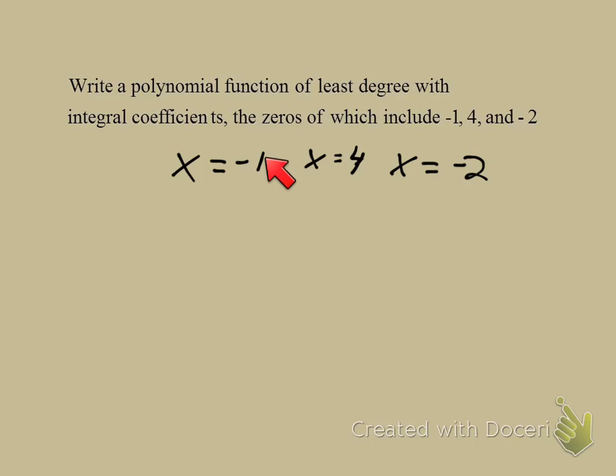So you solve it the other way. So for this one, you're going to do what? Make it x plus 1. I'm going to skip that step. Make it x plus 1 times x minus 4 times x plus 2. You move all 3 zeros to the other side, change their signs, turn them into factors.